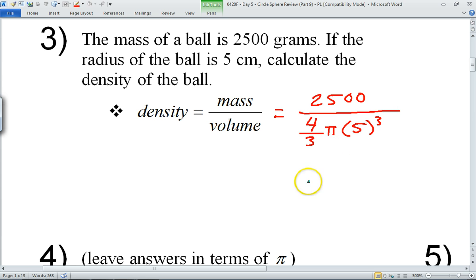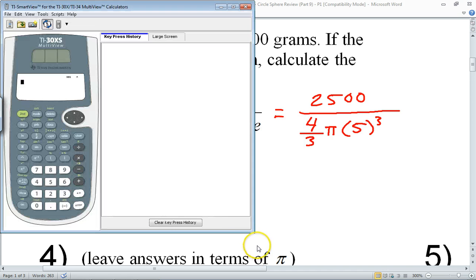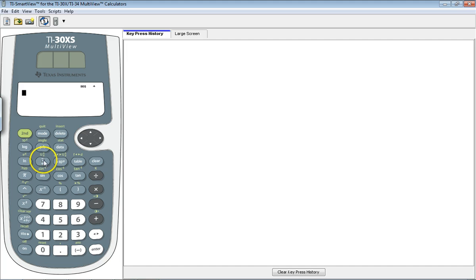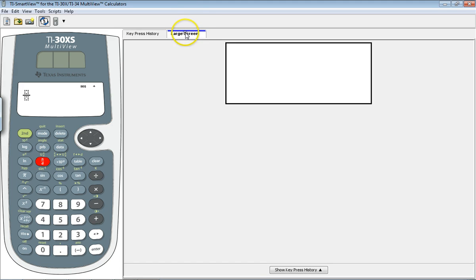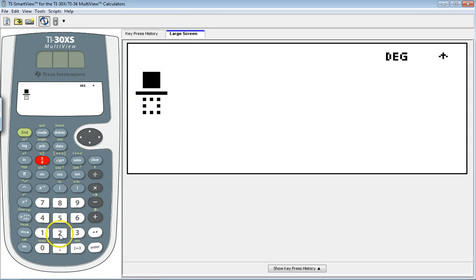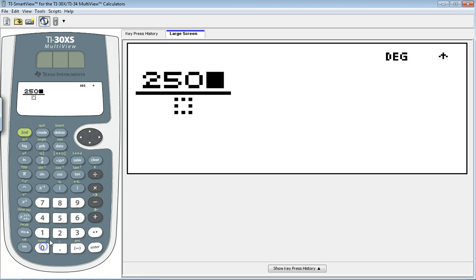So you know what? I'm just going to type this entire thing into my calculator because the TI-30 is a wonderful thing. I might need you to help me remember what the numbers were. Are you ready to help me? Okay, what was in the numerator? Okay, what was in the denominator?